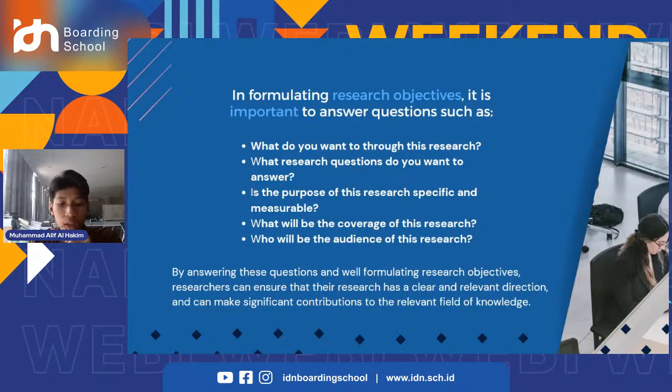By answering these questions and well formulating research objective, researchers can ensure that their research has a clear and relevant direction and can make significant contribution to the relevant field of knowledge.